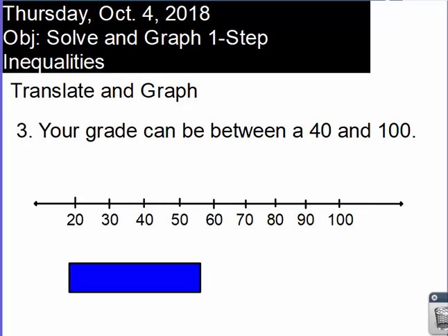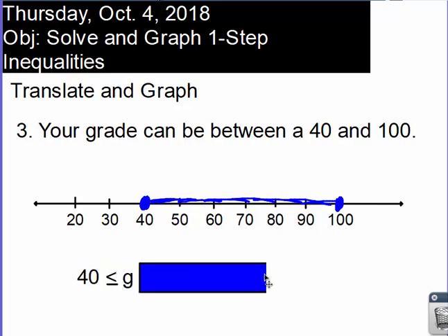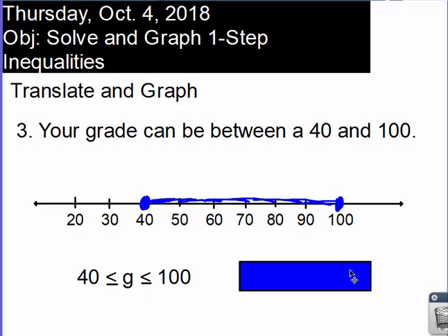So the way you would graph a situation like this is you'd put a closed circle on 40, you'd put a closed circle on 100, and to represent all the grades that you could get, it's the ones that are in the middle. Okay, and the way we would actually represent that using an inequality statement is like this right here. 40 is less than or equal to G, and G is less than or equal to 100. So that G is in between those two numbers. And that is one example of a compound inequality.